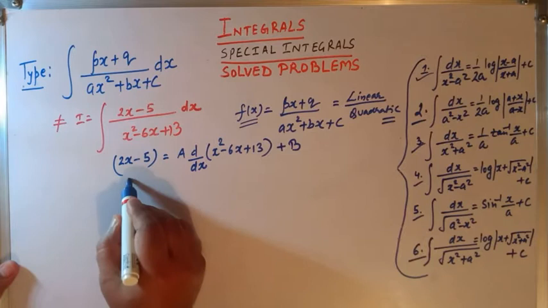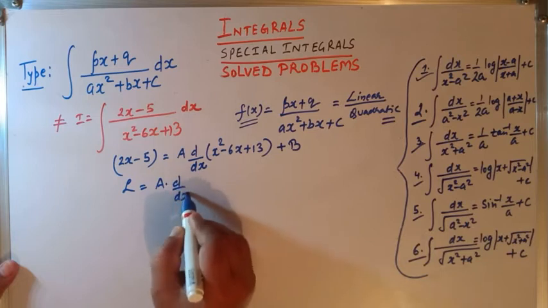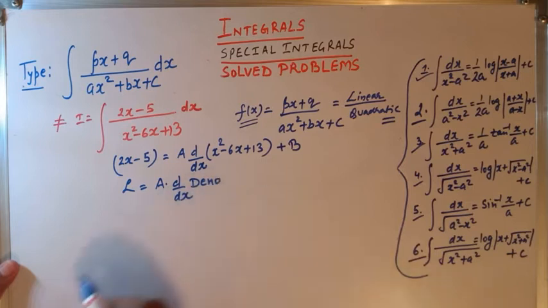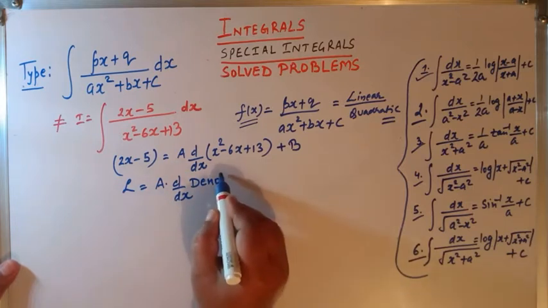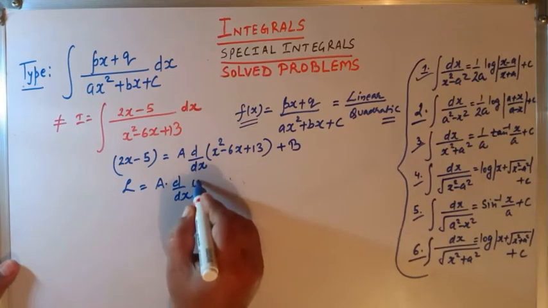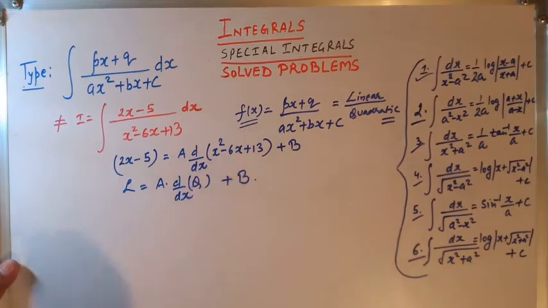So here the linear factor is equal to a times the derivative of the denominator, or we can say the quadratic function, plus b. Clear?